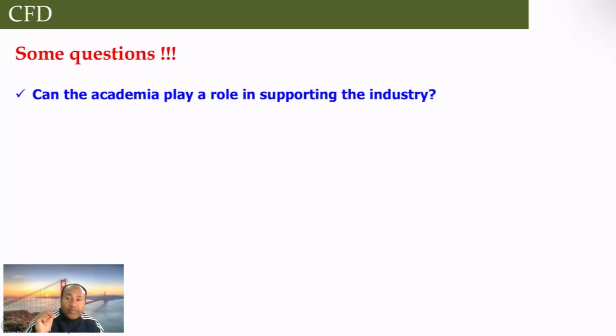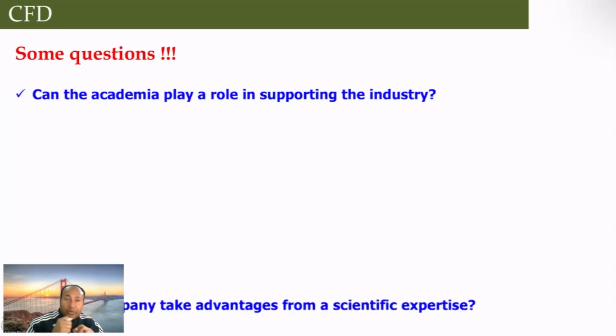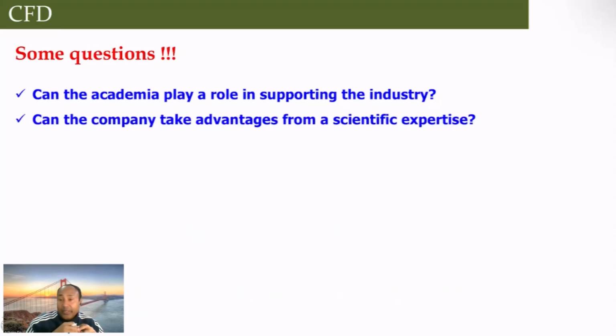So this is where it's very important that academic people can come up with new technology development, and how that helps the industrial design procedure. Can the company or the industrial people take advantage of scientific expertise?